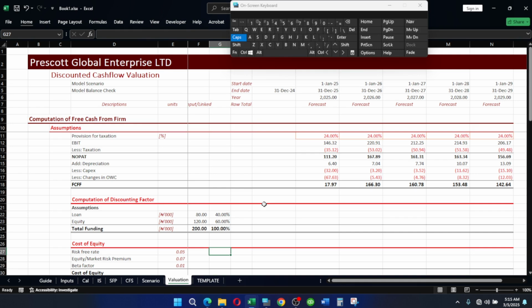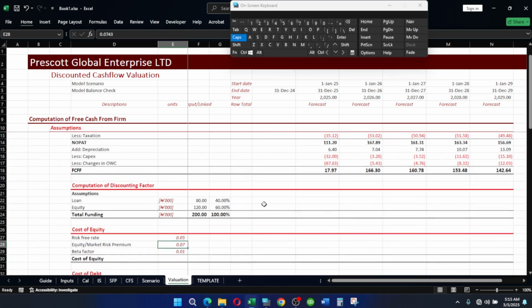We're going to now see how to define some terms. Under the cost of equity, like we say, it is the return expected by investors. Before we calculate the cost of equity, these are further research you can do or should do before you decide on which rate to use. It is not something we calculate.